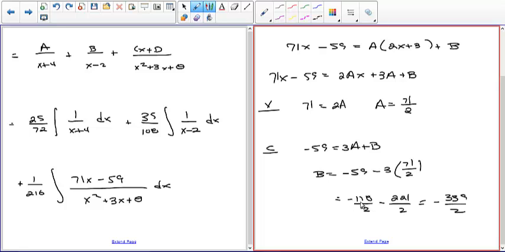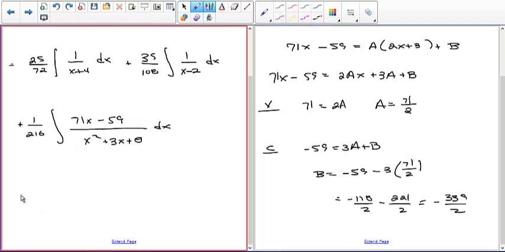So you add these two together, you get 339 over 2. So that's the coefficients here. So what we can do is take this last expression, and we'll have 1 over 216 times the integral of a, which is 71 over 2, times 2x plus 3 divided by x squared plus 3x plus 8 dx.